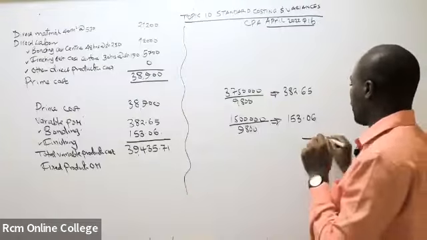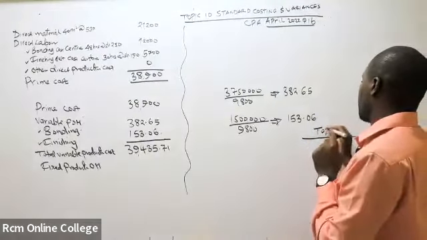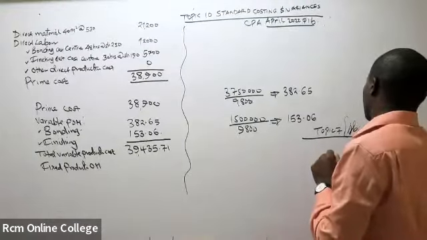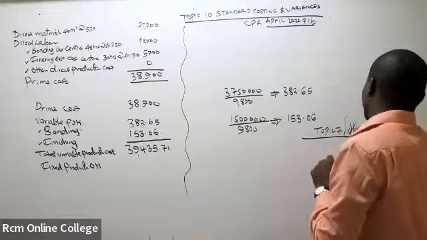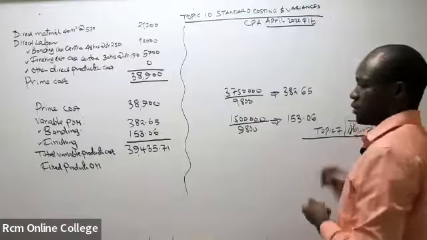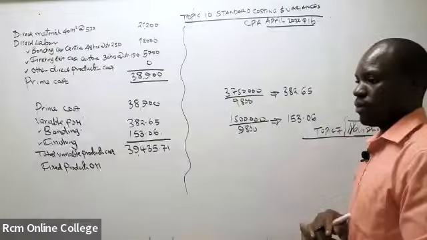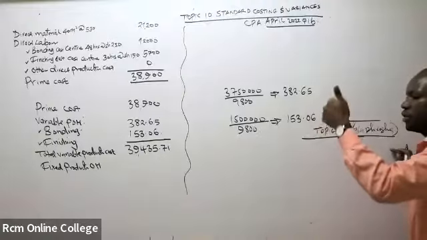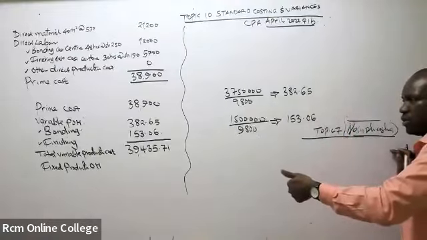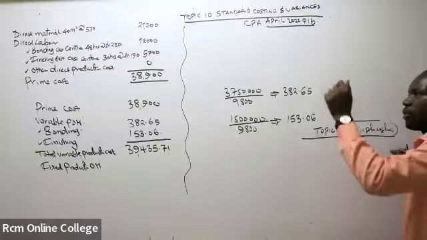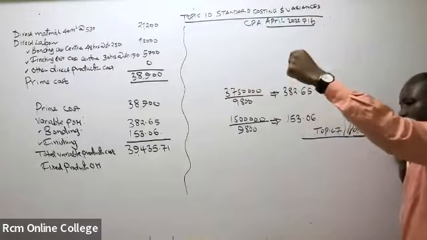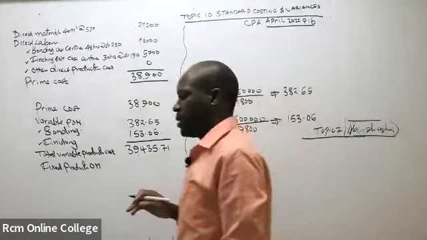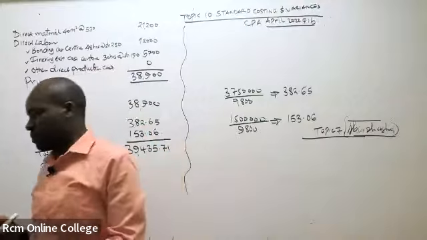Remember, I'm now taking you to the portion of topic number 7, specifically absorption costing. So absorption costing, you're going to look at how the overheads are being absorbed into the production process. Now, what you are preparing here is per unit. Is it making sense to somebody?